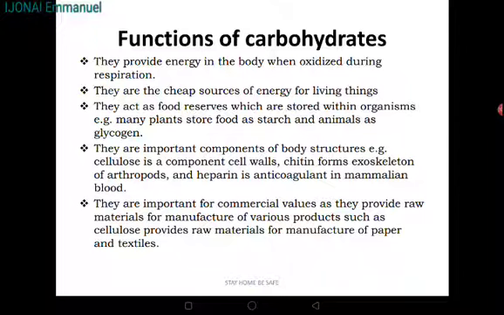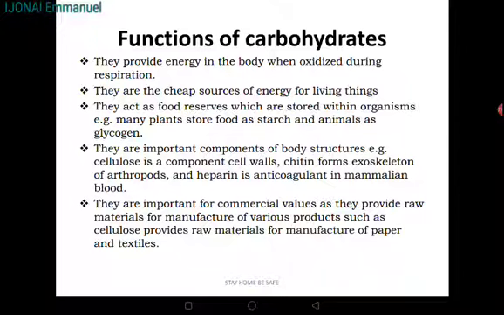So whenever you use papers, you know that we are using carbohydrates, particularly cellulose. Great. So those are some of the functions of carbohydrates. They provide energy. They act as food reserves in the body. They are components of body structures, and then they can be used for commercial value.